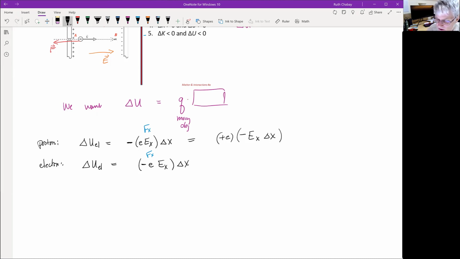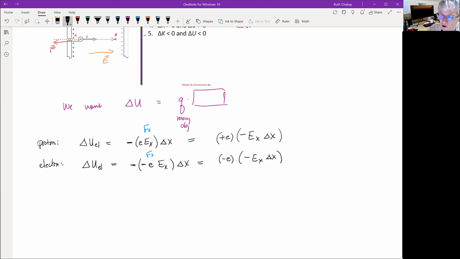The displacement is still delta x. We need that minus sign. And so we can rearrange this a little bit, and we get a minus e times a minus E sub x delta x.